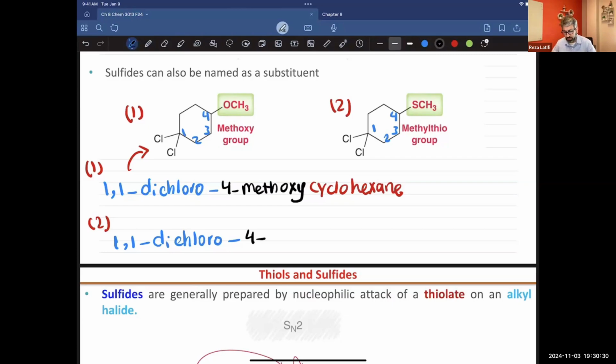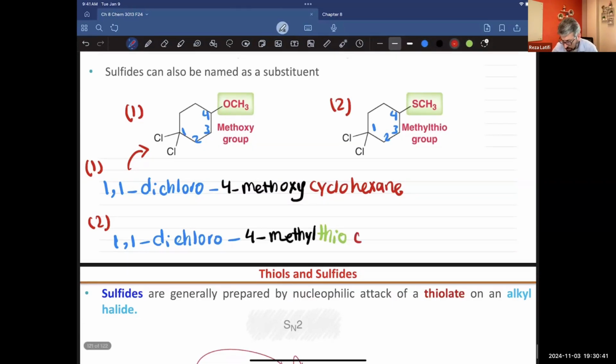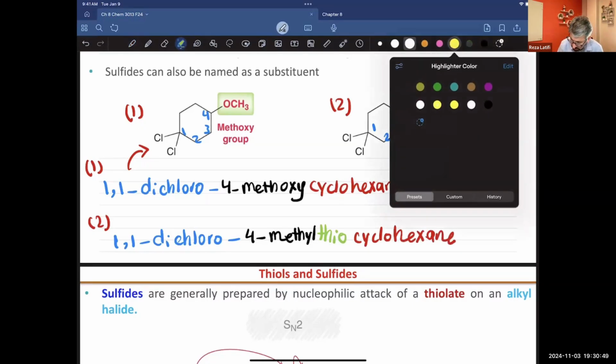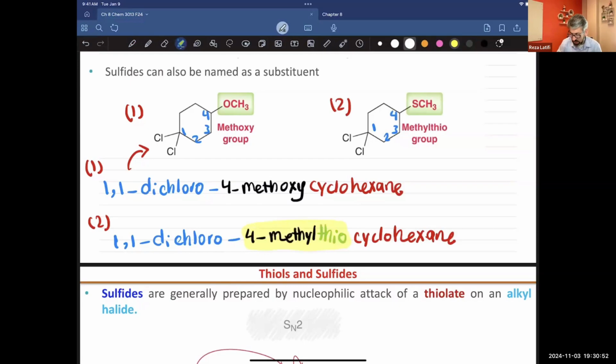And instead of methoxy, now we will have methylthio, and then cyclohexane. So as you see, I treated the entire group as one substituent. I said methylthio, similar to methoxy. The methyl with oxygen, we called methoxy. So now I'm calling this one methylthiocyclohexane.